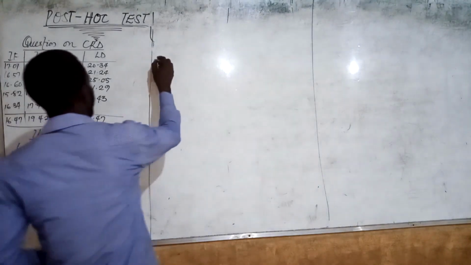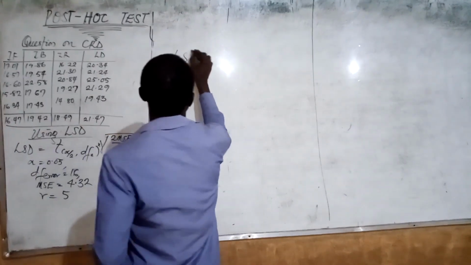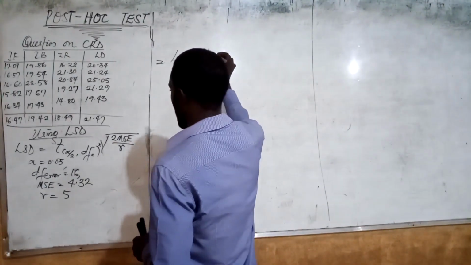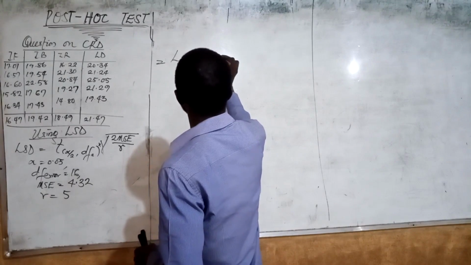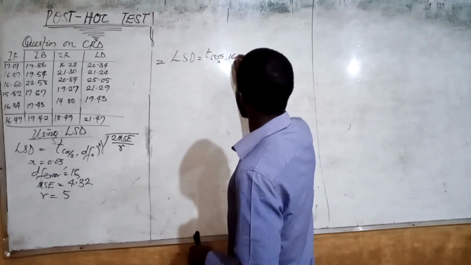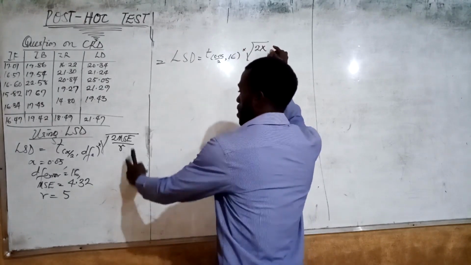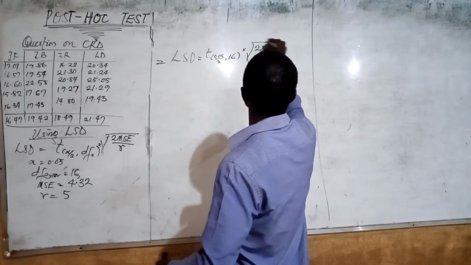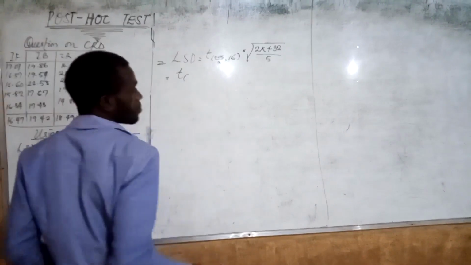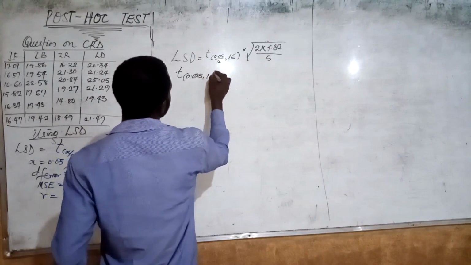So let's start the solving. We have LSD equals t sub alpha, which is 0.05 over 2, comma, our df error 16, close bracket, multiplied by the square root of 2 MSE over r, that's 4.32 over 5. 0.05 over 2 gives us 0.025, comma 16.